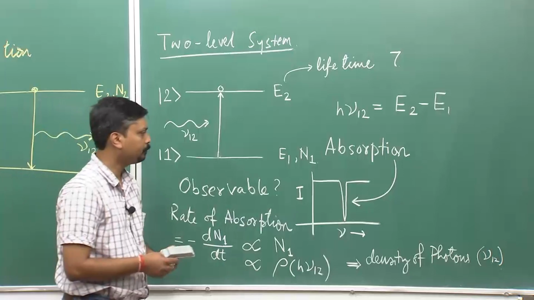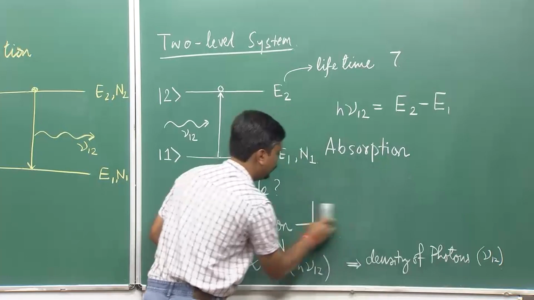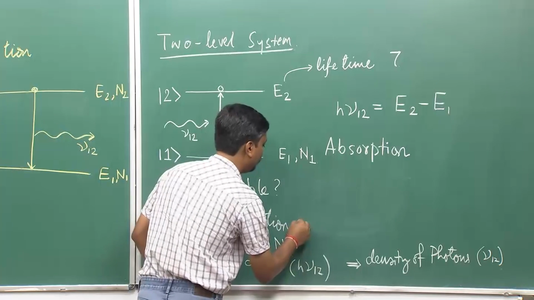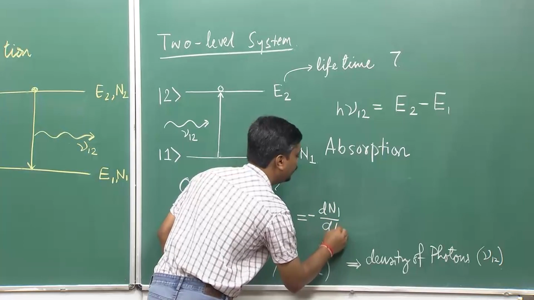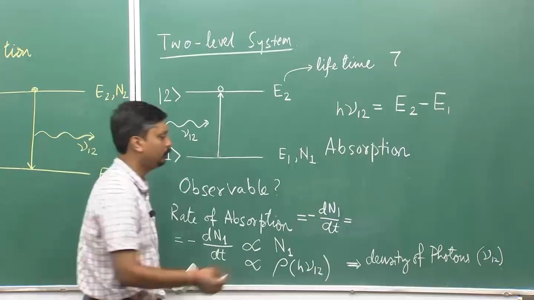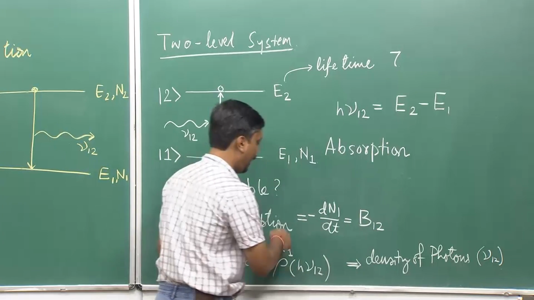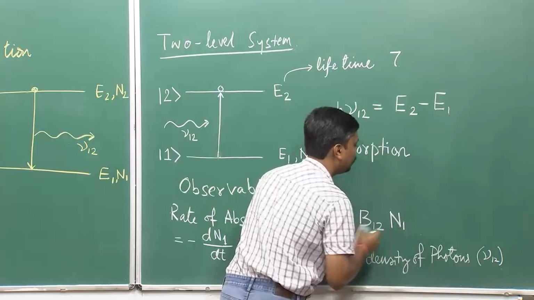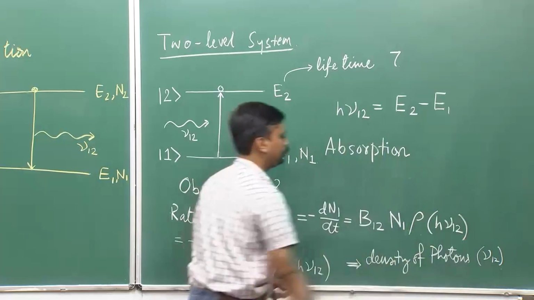So, from here I can write the rate of absorption, again minus dN1 dt, equal to some constant, let me call that constant B12, multiplied by N1 and rho of h nu 1 2.